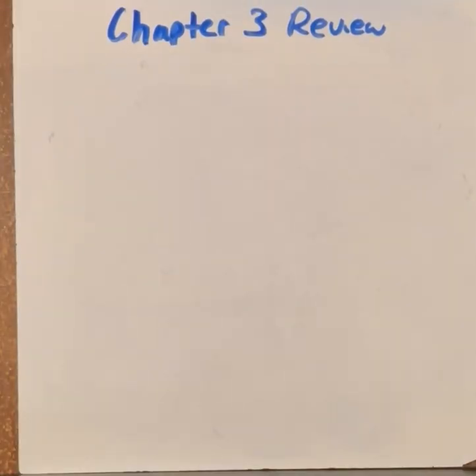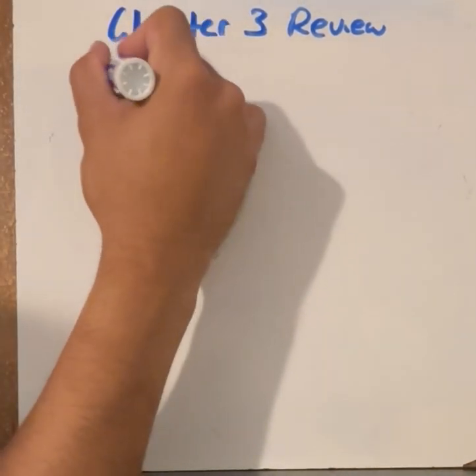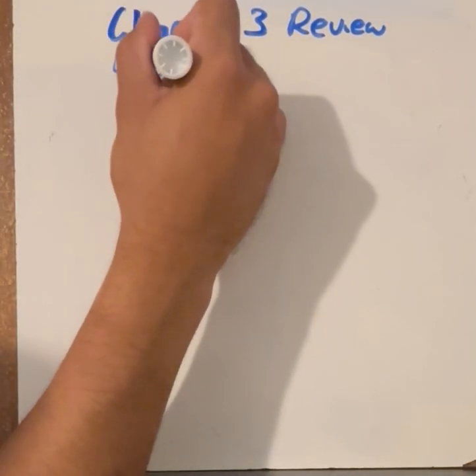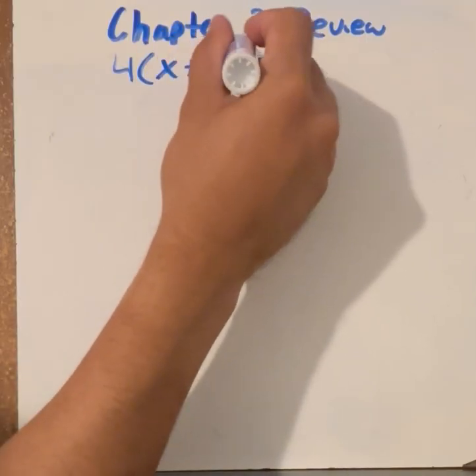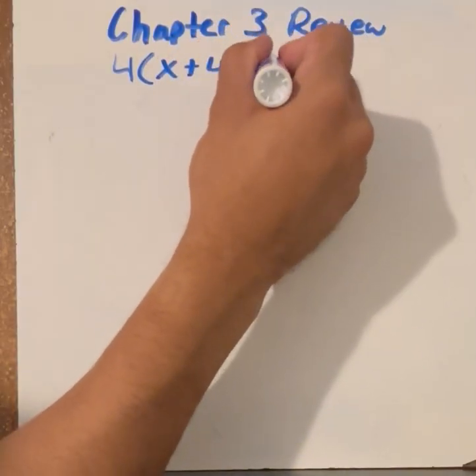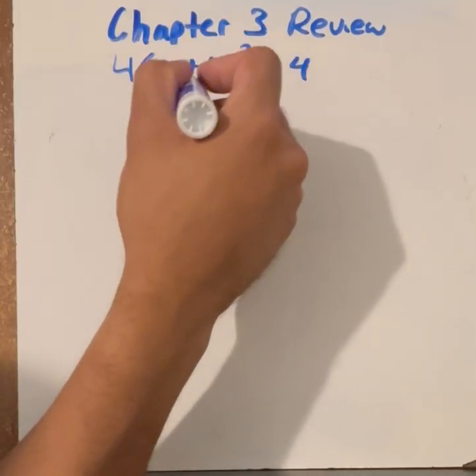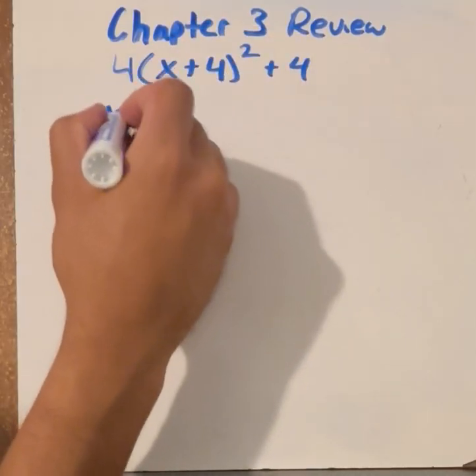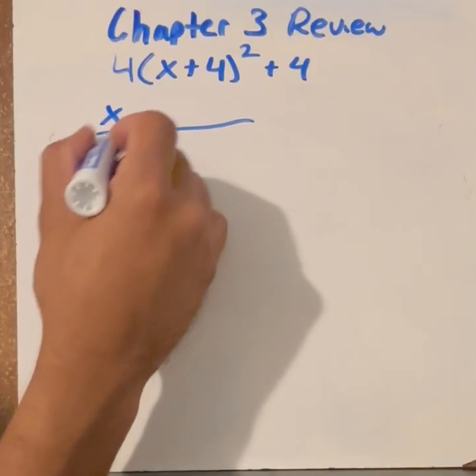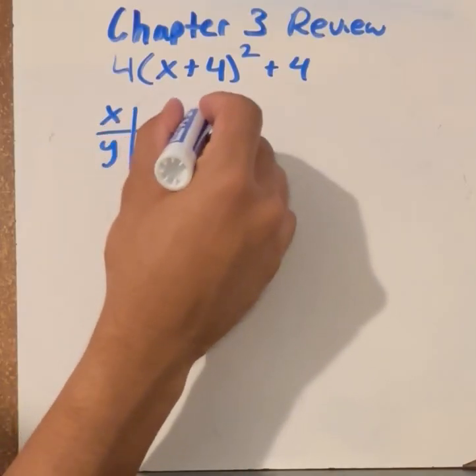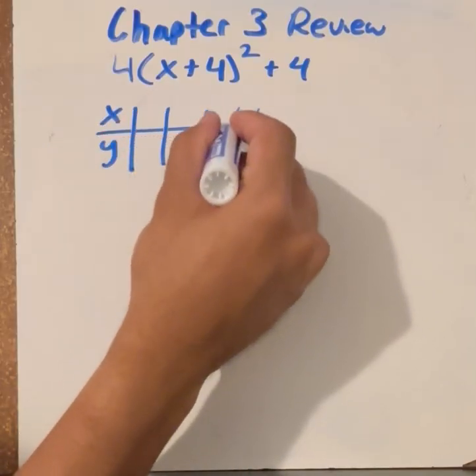All right, so the last question says 4 times x plus 4 squared plus 4. Okay, got a lot of 4s. Okay, so drawing an XY table, we'll need 5 places.